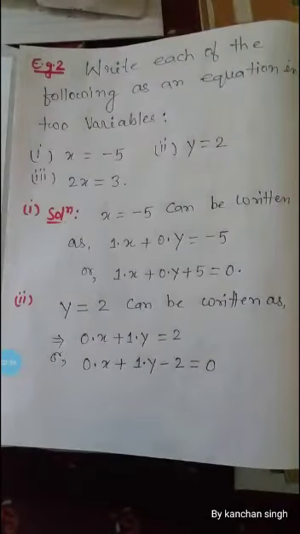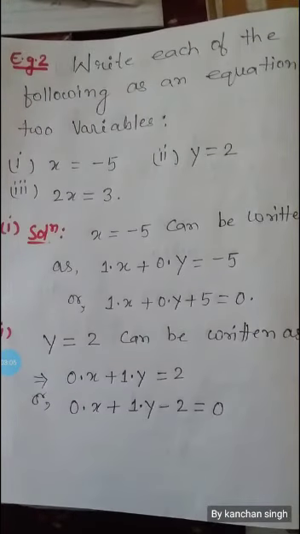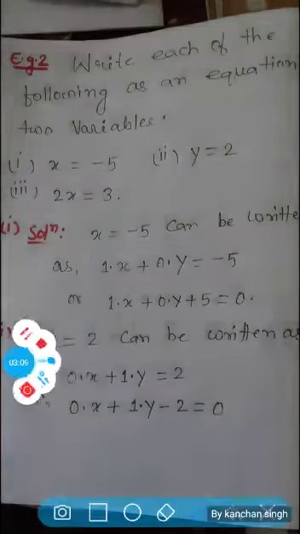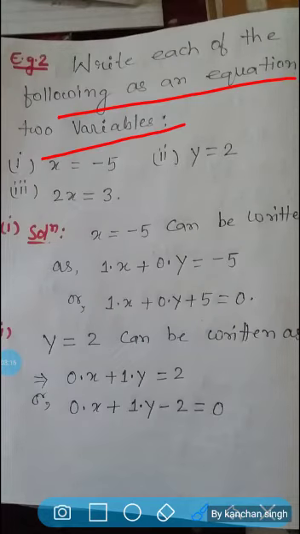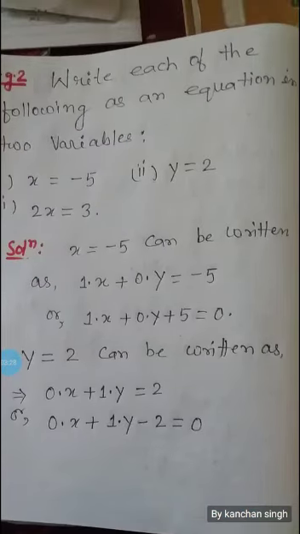Now see. After knowing a, b and c, now what do we have to do? We have to write the equation by ourselves. Our question is, write each of the following as an equation in two variables. Here only one variable is given and we have to write the equation. Now see, here x is equal to minus 5. So how can we write it?